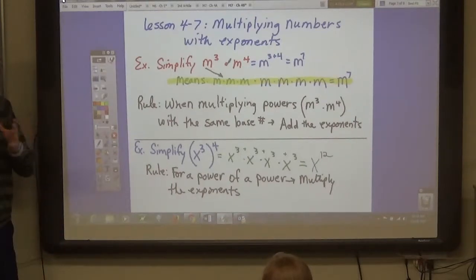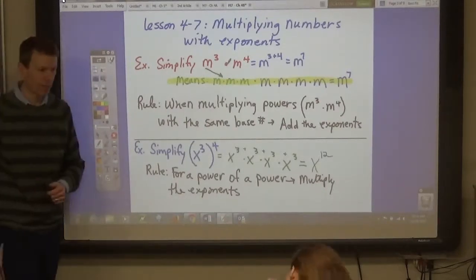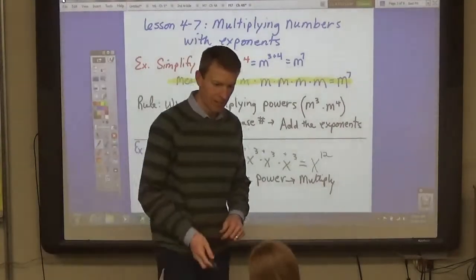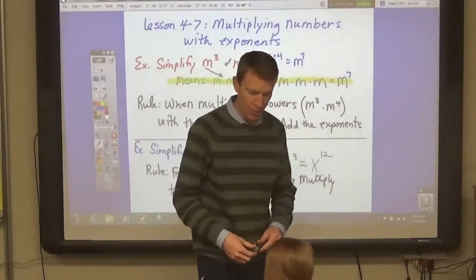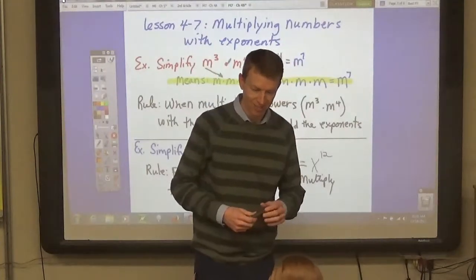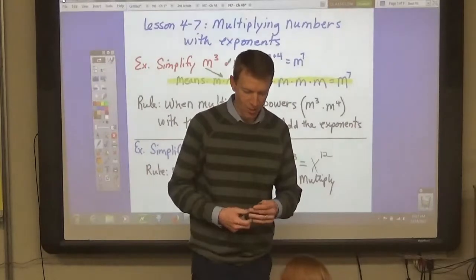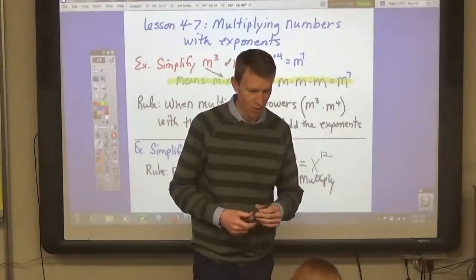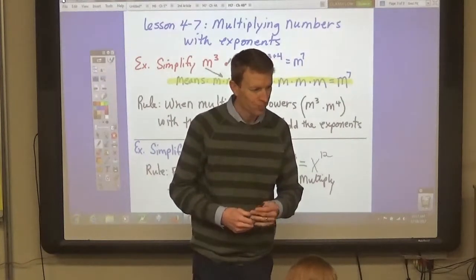You might have to simplify expressions with more than one kind of base. So, for example, page 209, I know you have your book open, most of you, page 209. As I said, open to page 209, lesson 4.7.